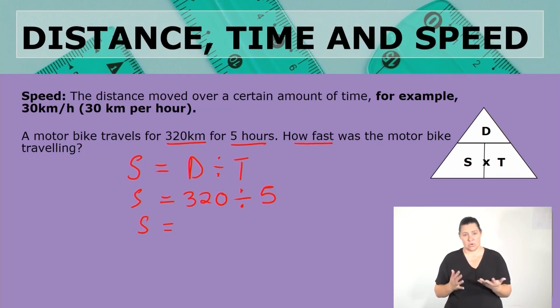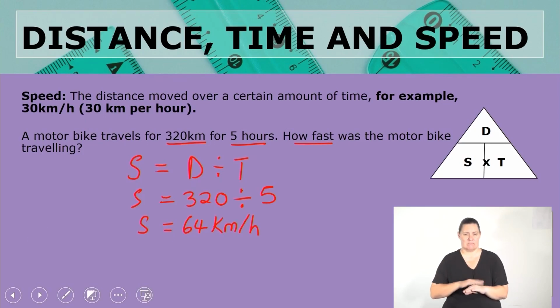Right, so do you have that on your calculator? Do you have your answer already? Yes, it is 64. How do we write the units for 64? Because it's a speed, remember, we are going to write kilometers per hour.